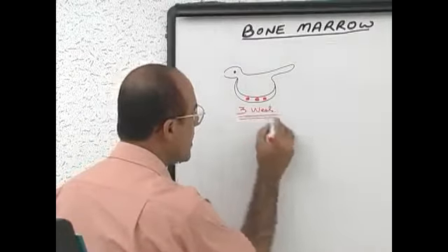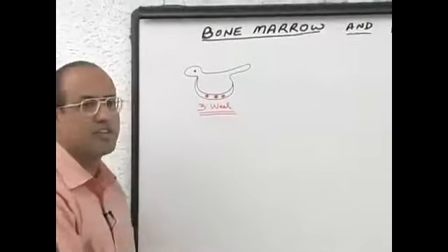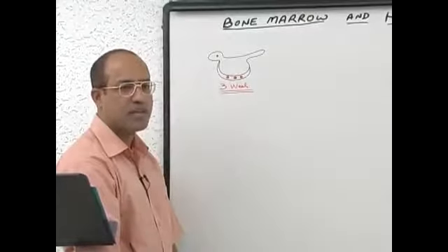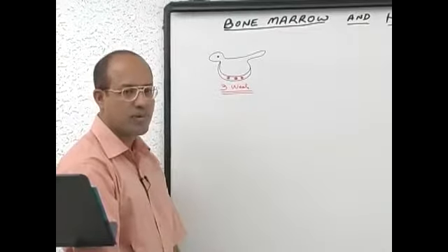In the yolk sac, certain stem cells appear, and when they multiply, they lead to the formation of RBCs, WBCs and platelets.